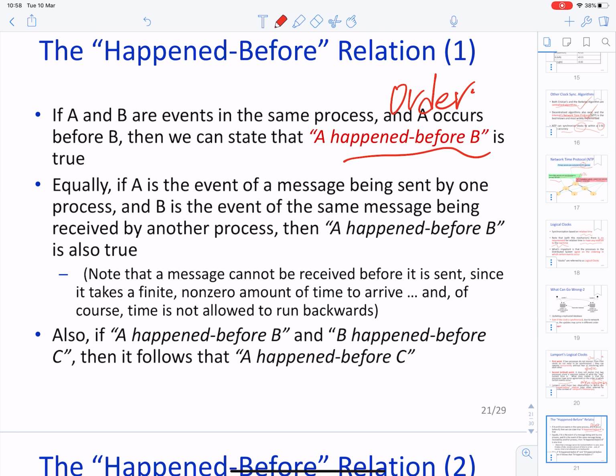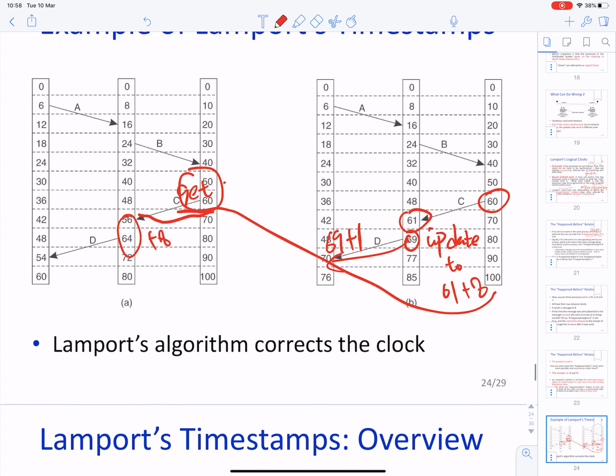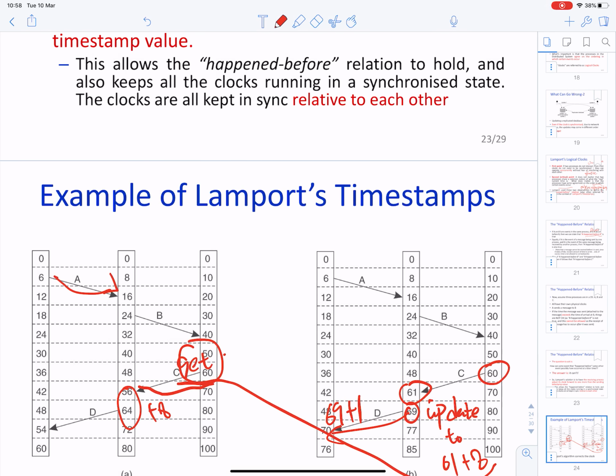The happened-before relation is very simple. If A happens before B, this is okay because this is larger than this, so 6 is before 16, and 24 is before 30. That is also okay, and 56 is before 60, though that is wrong. Therefore, you update from 56 to 61.